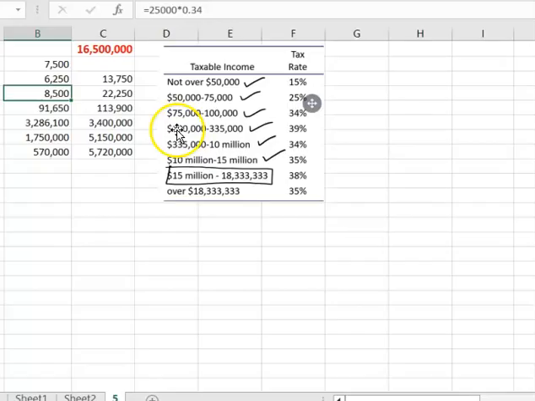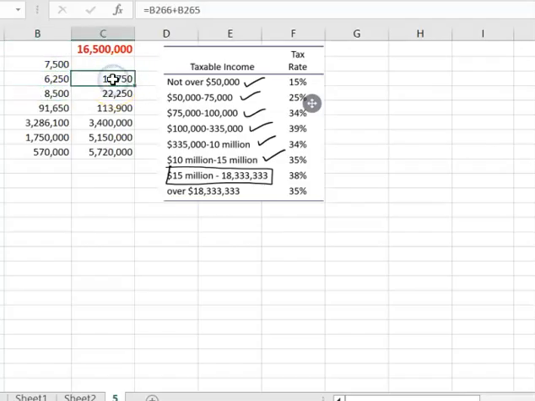For the fourth one, the lower bound is 100 and the upper bound is 335, so it would be 235,000 times 39%. The next one, as you can see here in the formula bar, 10 million minus 335,000. And these are the maximum taxes based on each bracket.